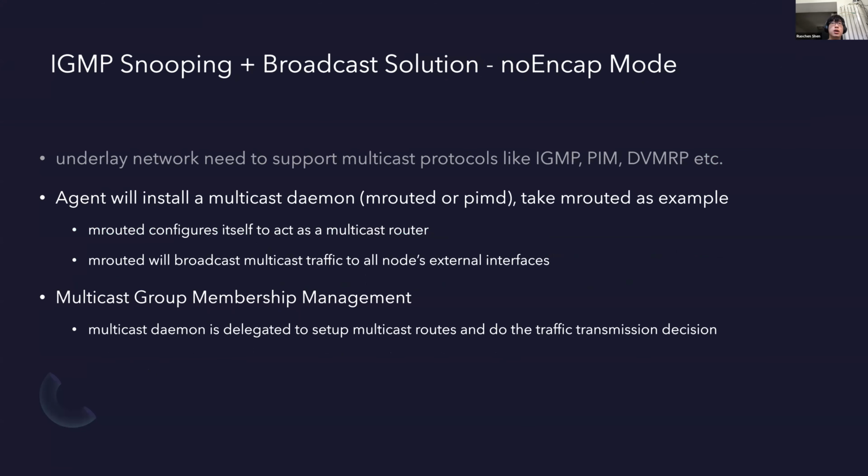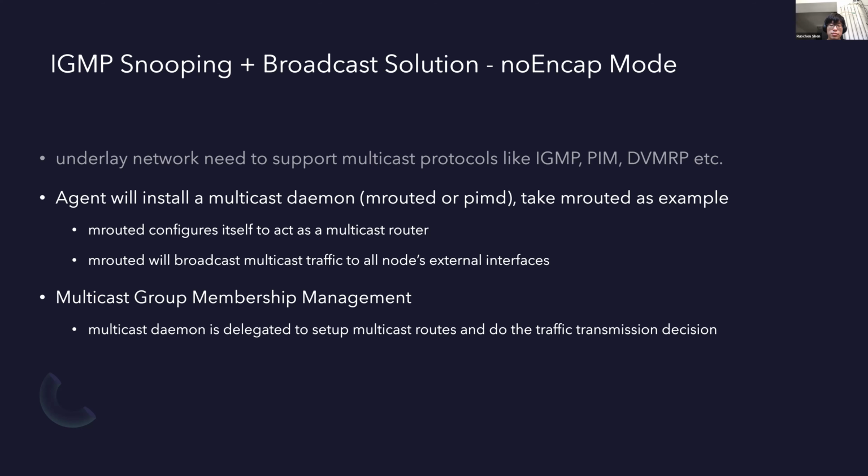So for the node in noEncap mode, the agent will install the multicast daemon for the multicast traffic between nodes. The daemon can be mrouted, which is a DVMRP implementation for Unix, or PIMD.